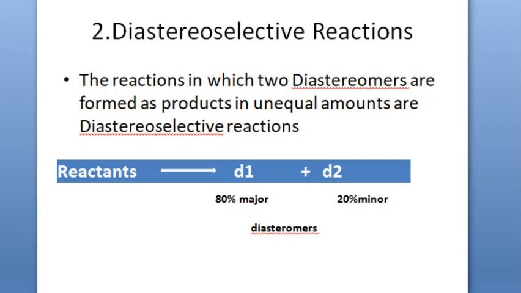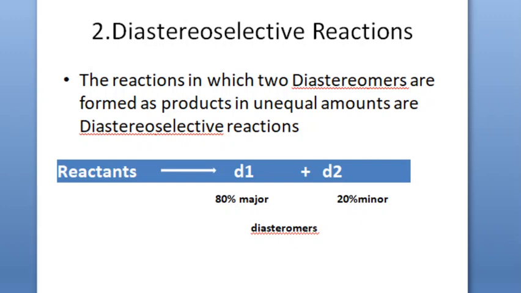If one of the diastereomers is major and the other is minor in yield, then you classify the reaction as diastereoselective. Definition wise, these are stereoselective reactions in which two diastereomers are formed in unequal amounts as products. Such reactions are what? Diastereoselective reactions.